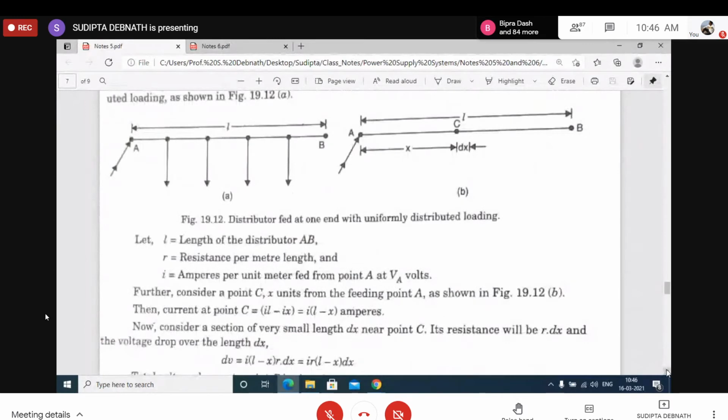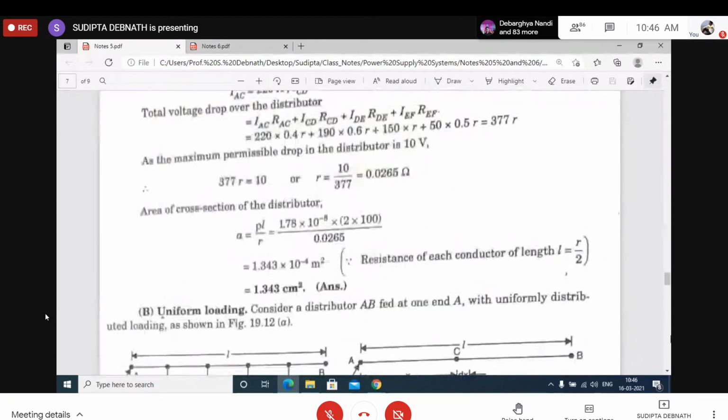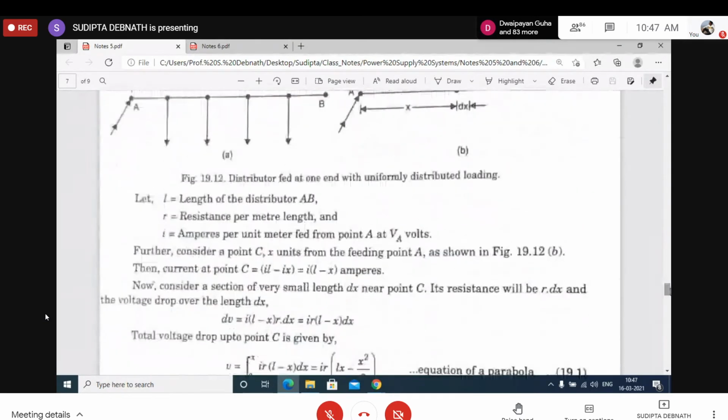So consider a section of very small length dx near point C. Its resistance will be r dx, and the voltage drop over the length dx will be iL minus ix into r dx. We have shown the current here is iL minus ix, and the resistance is r dx. This is the expression for the voltage drop, and it will be very small because we have considered dx to be small. So dV is equal to this. It is the drop only across this length.